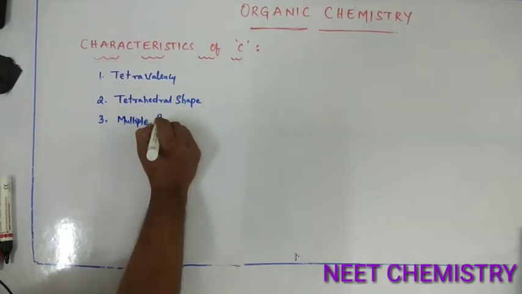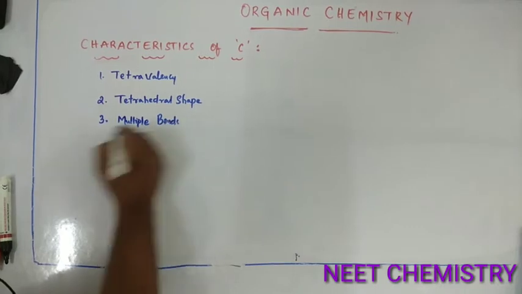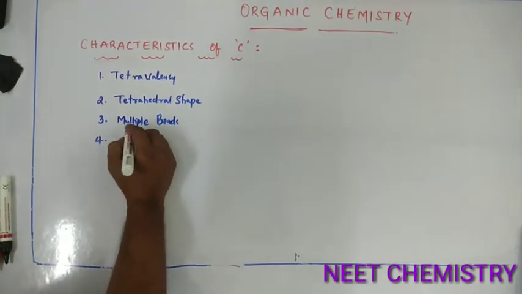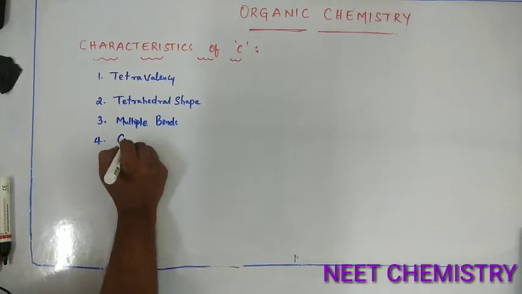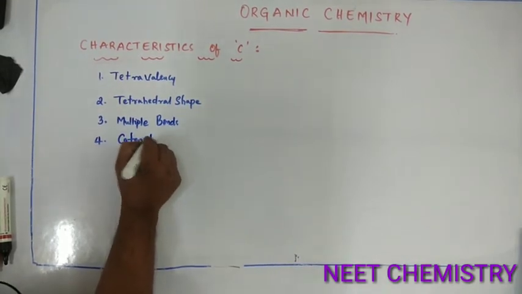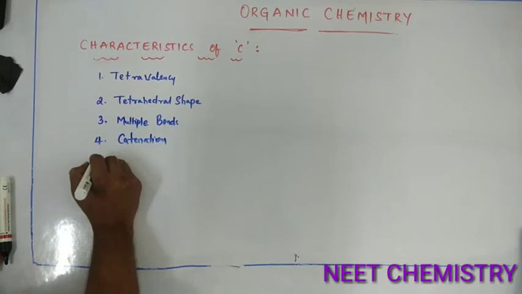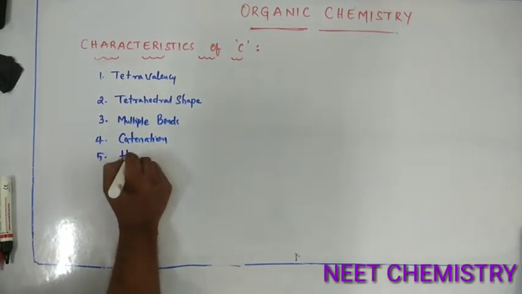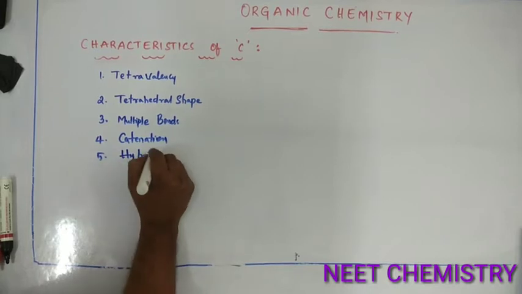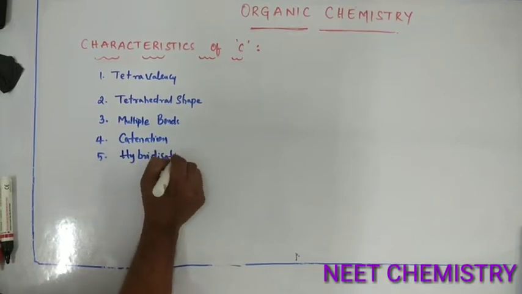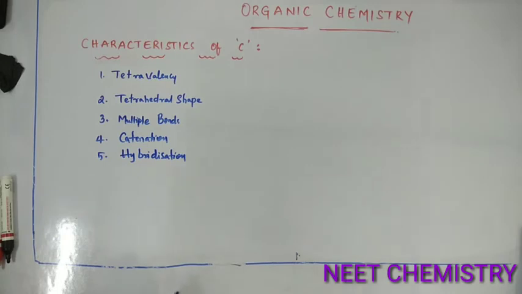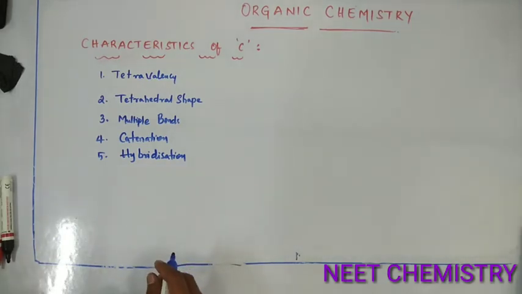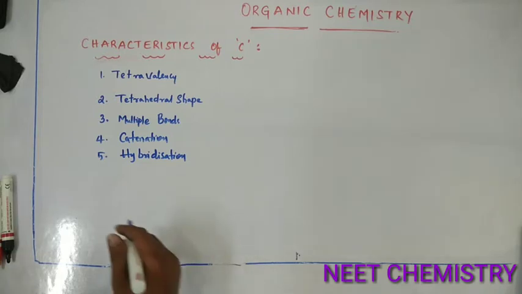Fourth one is catenation capacity. Then fifth one is hybridization. By these characteristic properties, carbon forms many compounds.